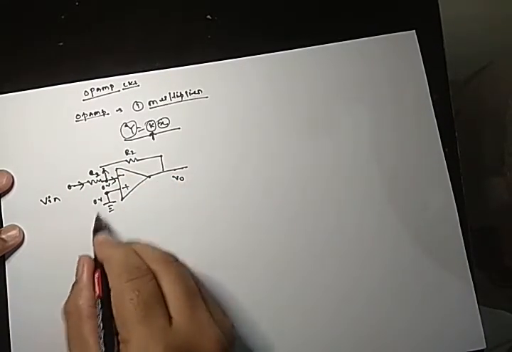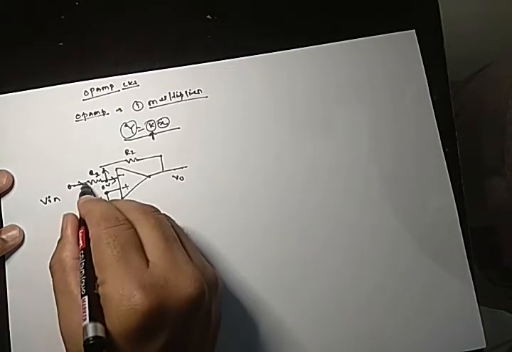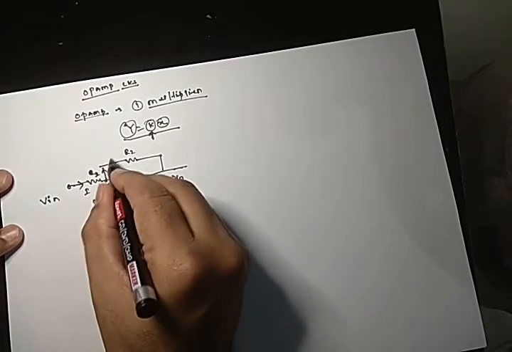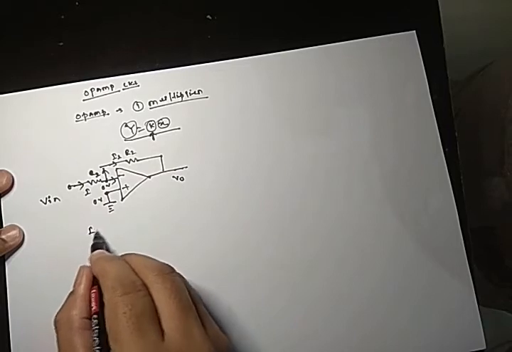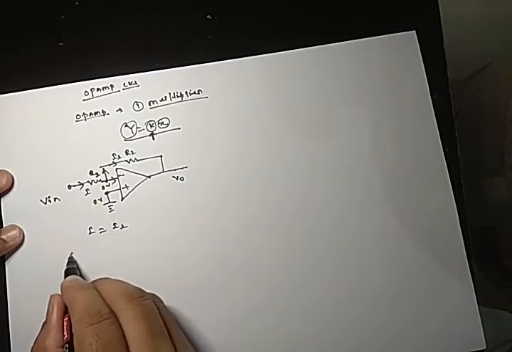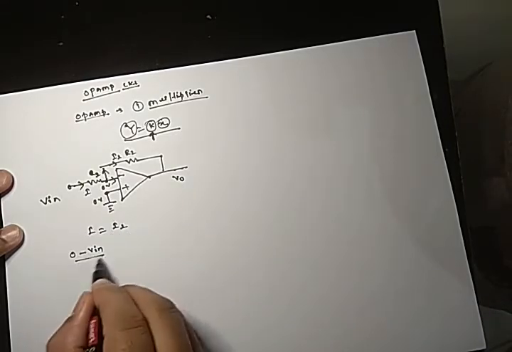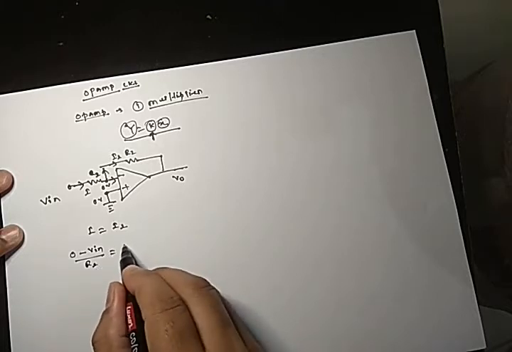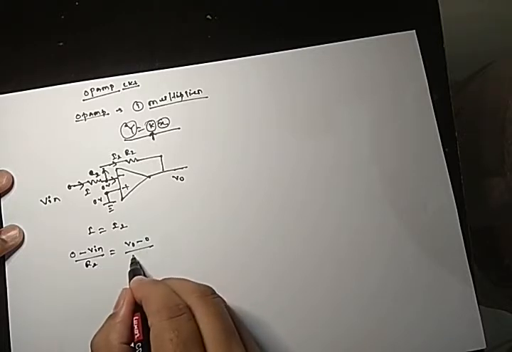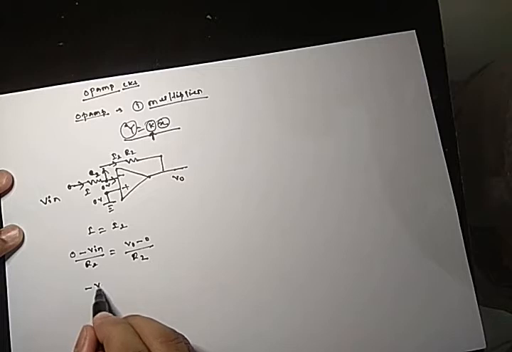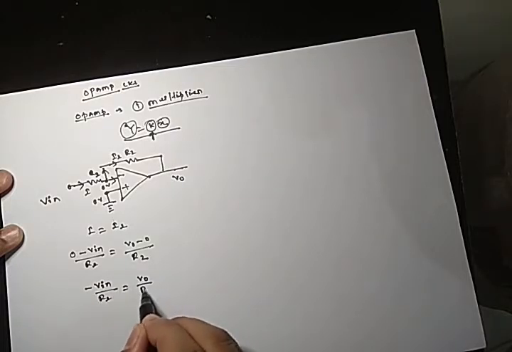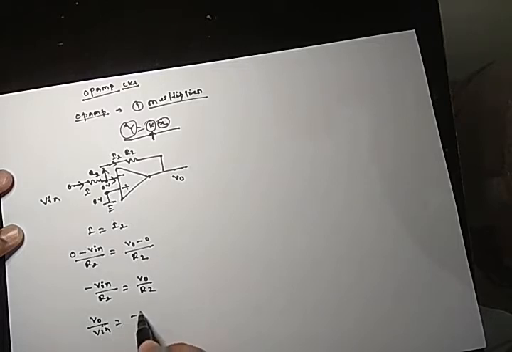So the current I coming here will be equal to I1. I is equal to 0 minus Vin by R1, which must be equal to V0 minus 0 by R2. So minus Vin by R1 equals V0 by R2. So V0 by Vin is nothing else but minus R2 by R1.